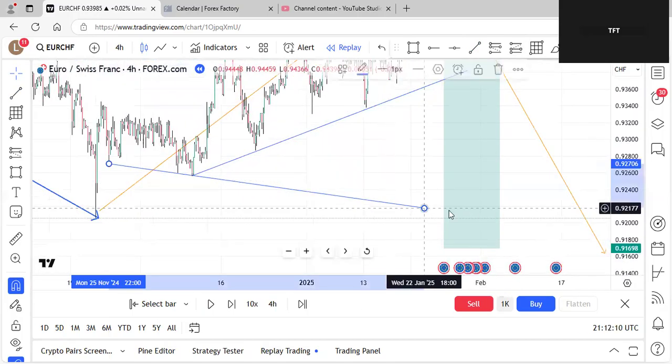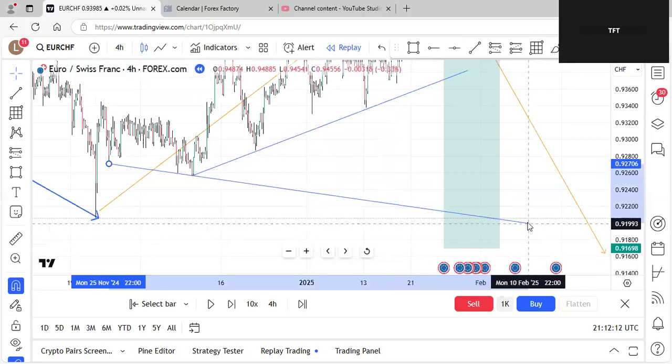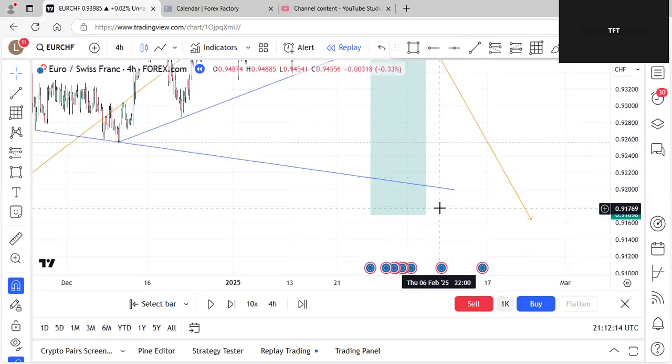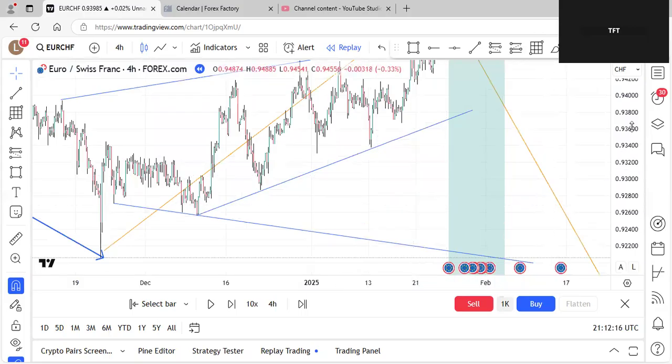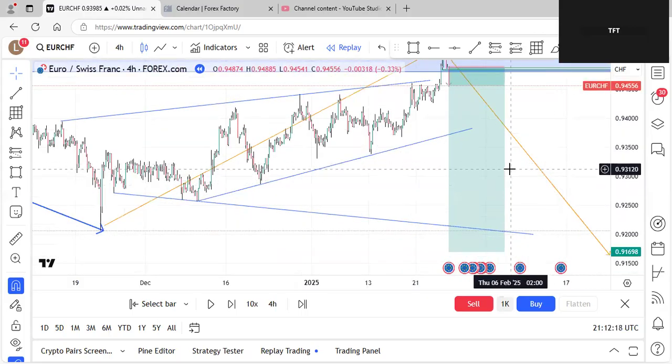Possibly that, which would line up with a new lower low. I don't think it's got that far yet, but I'm not 100% sure.